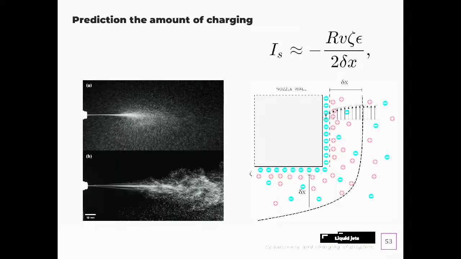Yeah, and then if you have some kind of boundary layer that drags the fluid with it, it will drag more negative ions than positive ions because the positive ions are closer to the wall where the velocity is smaller. And so you will get a net charge of your spray.